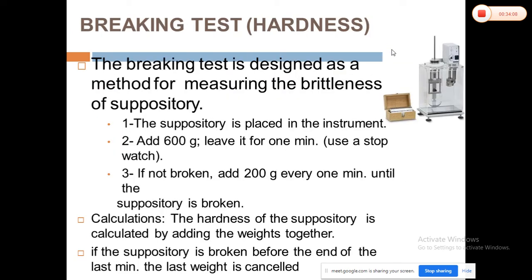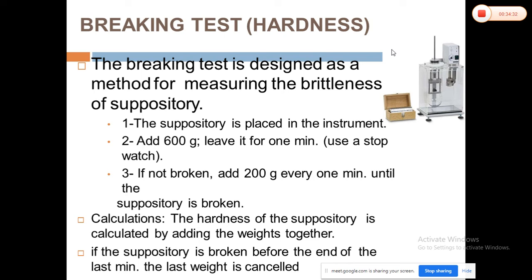In the breaking test, the pressure required to break your suppositories, or you can say the method for measuring the brittleness of your suppositories, matters for handling purposes, and other factors can also affect the hardness of your suppositories. First you put a 600 gram weight, then wait for 1 minute.